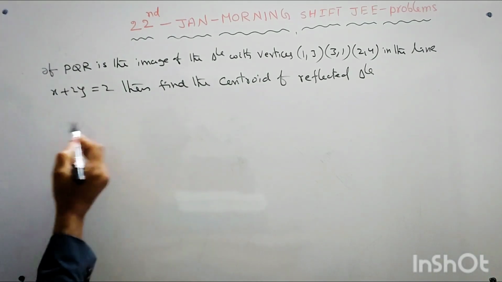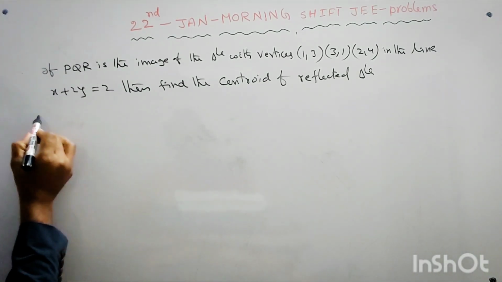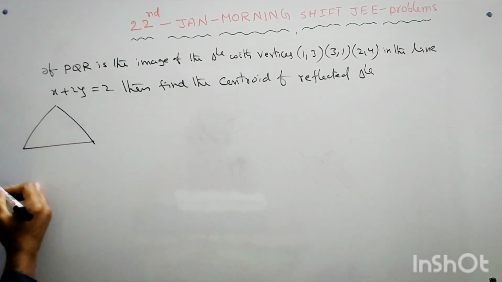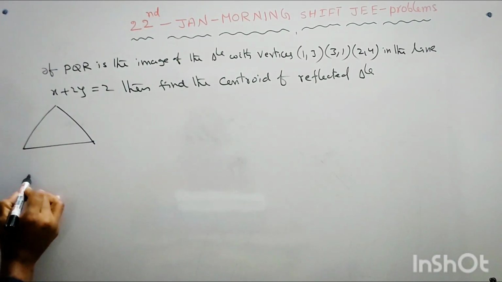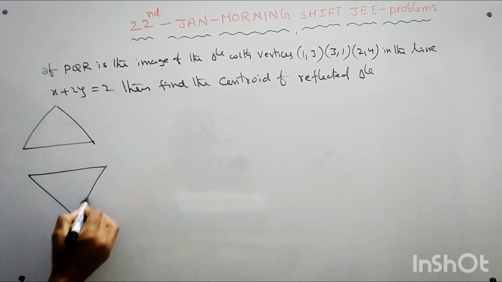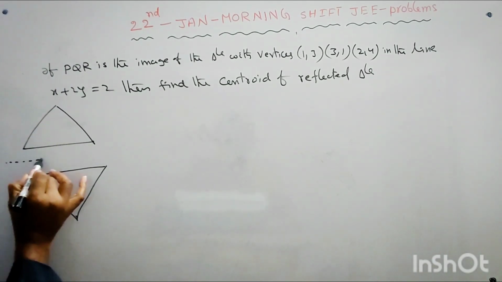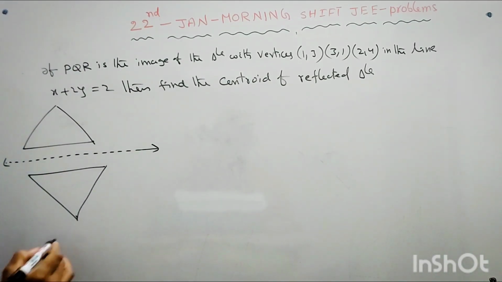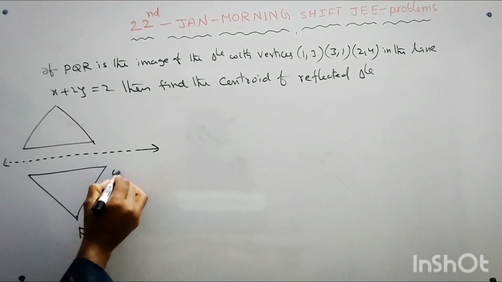First you draw one triangle. This is the triangle. And this one is the reflected triangle with respect to this line. So this I'm taking as PQR.